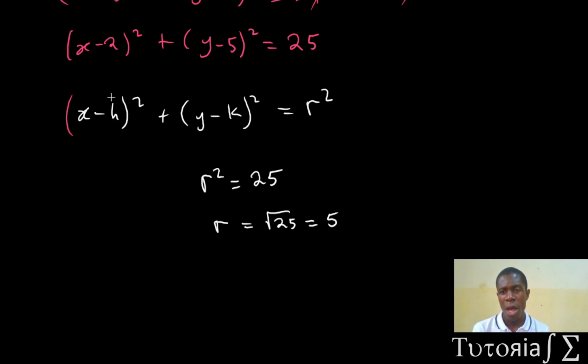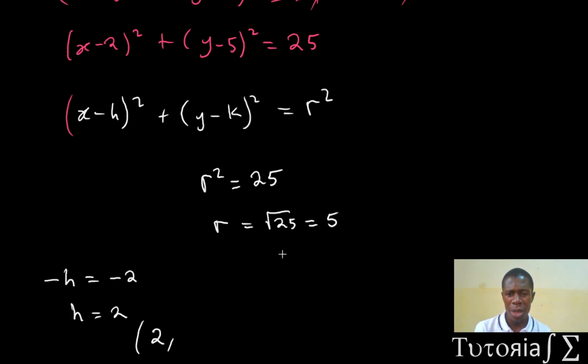Now for the center, you just equate whatever is here. So you say this is negative h. You say negative h is equal to whatever number is here, that is negative 2. When we simplify, we see that h equals 2. And this is the counterpart for x. So we start with the counterpart for x, comma.